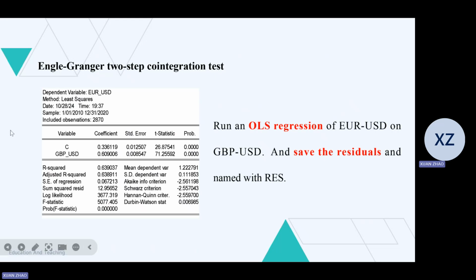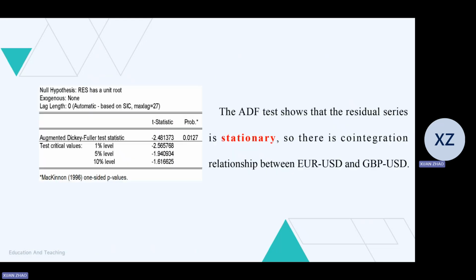We can see that the long-run relationship is positive, because the coefficient is positive. Then we save the residuals and name them RES. Please remember this, because it will be included in the ECM model.